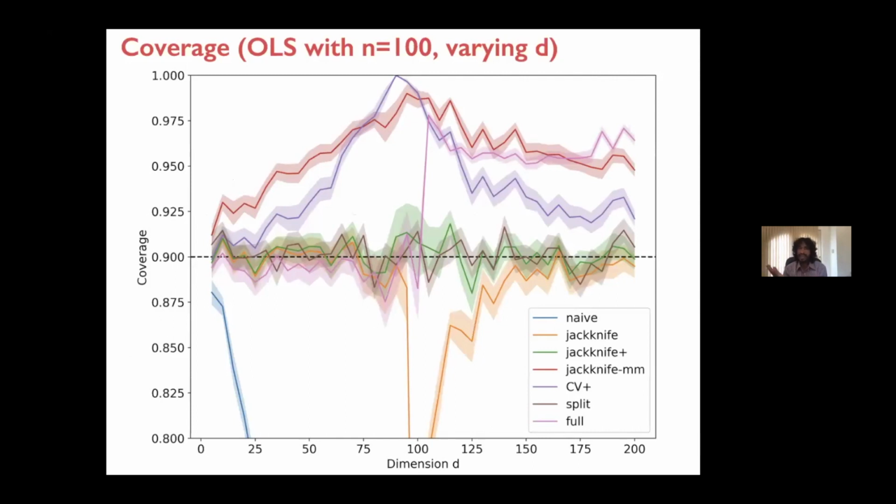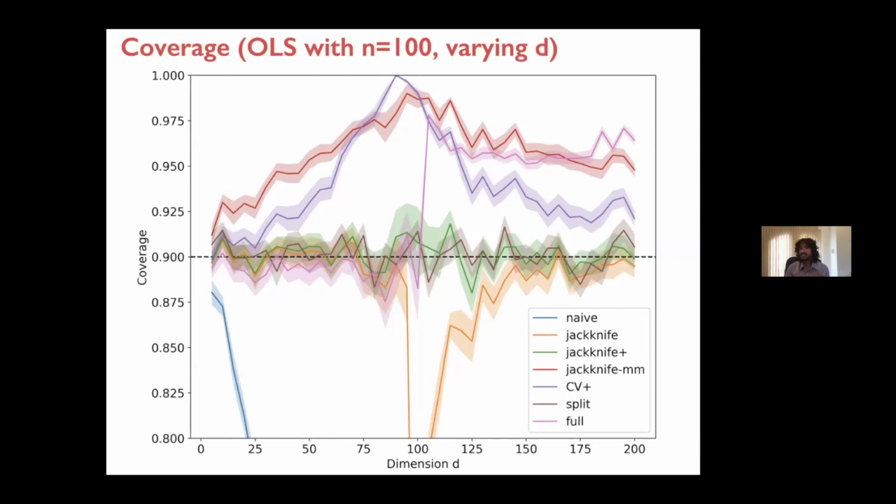When n is smaller than d, there are many ways to define OLS. You can either say I'll start gradient descent at 0 and run it till convergence, or you can say I'll do ridge regularization and take the ridge penalty to 0. There are many equivalent ways of defining what OLS is, but it's minimum norm least squares when n is less than d.